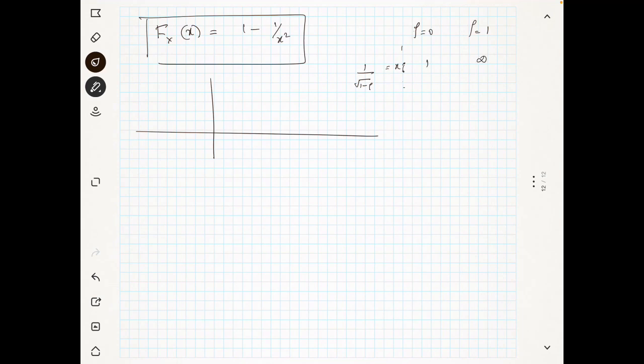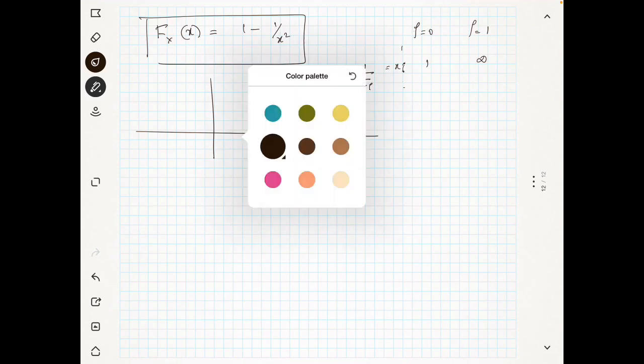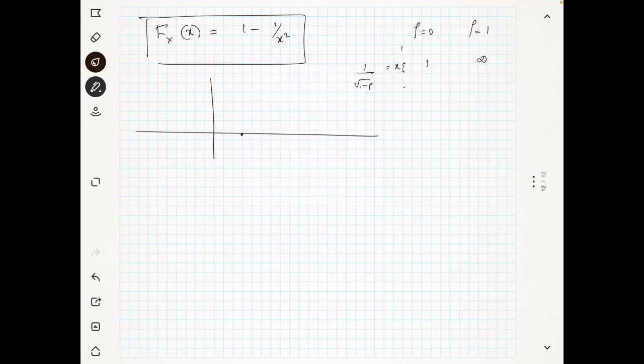So x starts from 1 and goes to infinity. This is your x axis, and this is the function 1 minus 1 by x square. It will look like this, and it will finally go to 1 as x goes to infinity. This is your F_X(x).